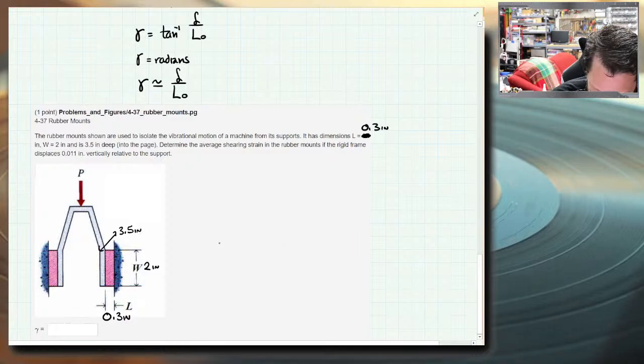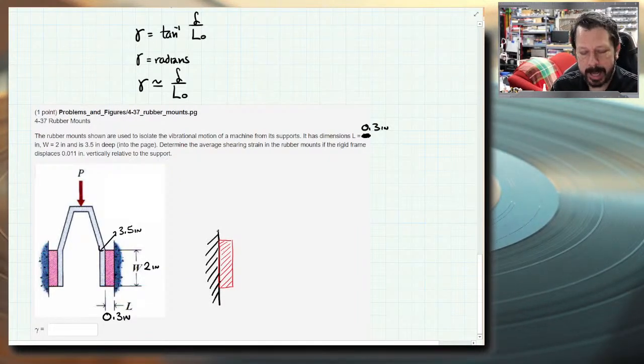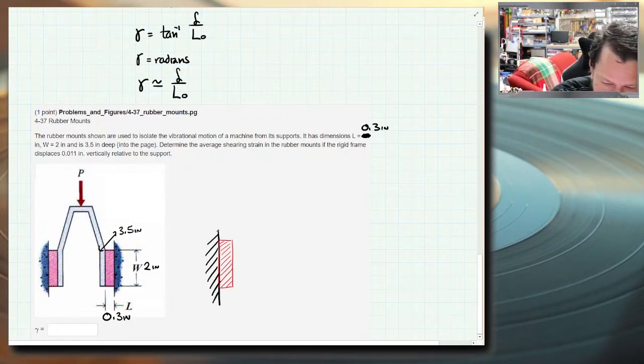So here is our rubber block. It is somehow rigidly mounted to this wall. We're only going to draw half of it. The other half does the exact same thing, we're going to assume, so let's only draw one side.